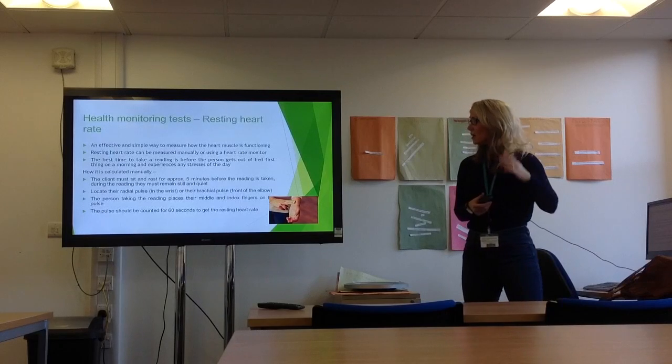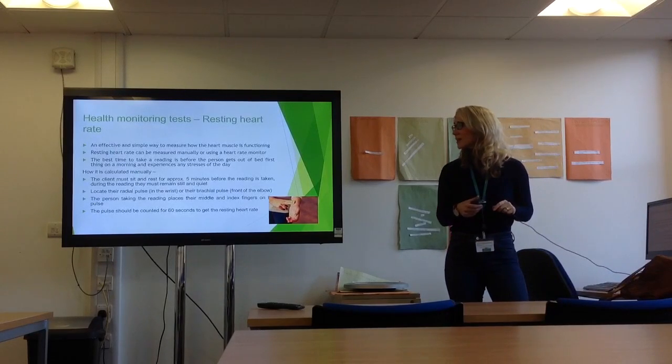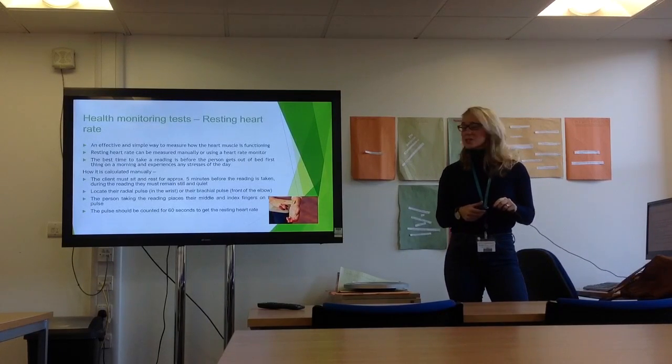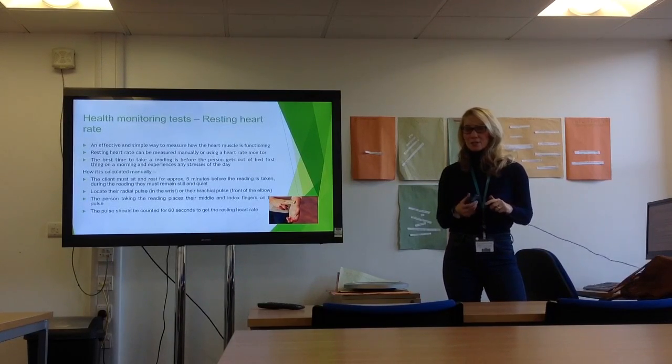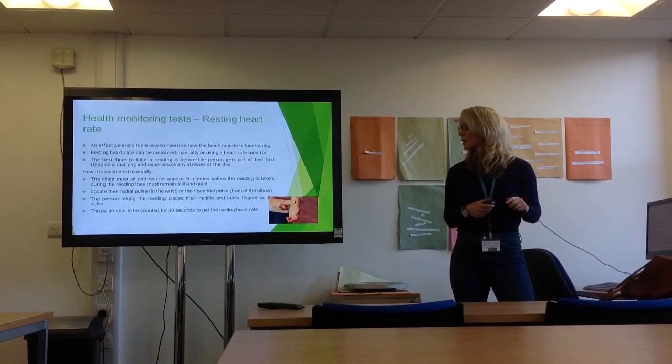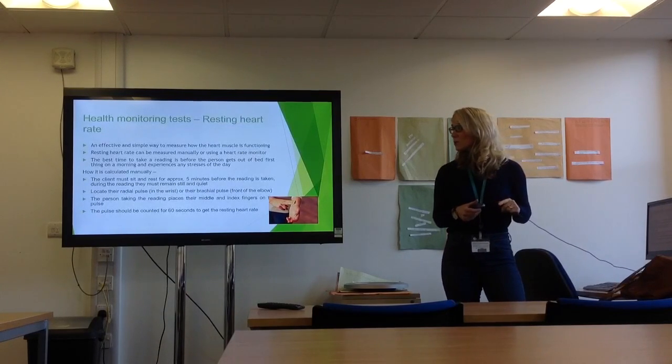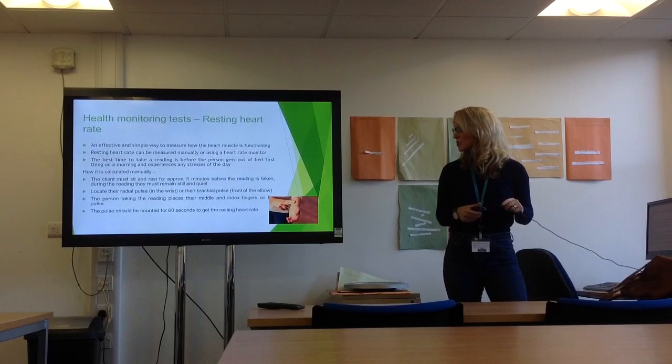To calculate it manually, the client must sit and rest for approximately 5 minutes before the reading is taken. Throughout the reading, you must stress that they sit still and quiet the whole time. They need to locate their radial pulse, which is in the wrist, or the brachial pulse, which can be in the front of the elbow. Ideally, the wrist one is the simplest to access.